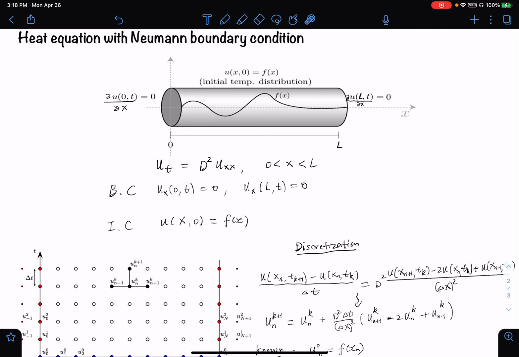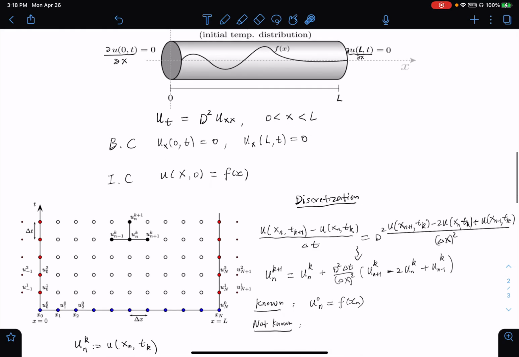So when we're talking about the boundary for a one-dimensional problem, we're talking about 2 points, which are the endpoints of the interval. So that's a side note for the boundary. And also, we need an initial condition for a unique solution to exist.